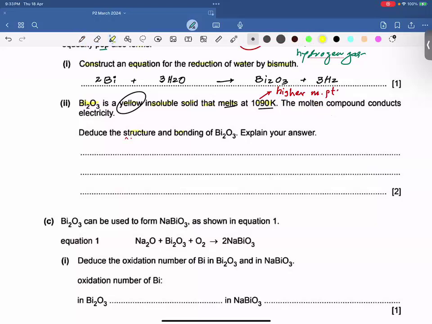But this gives three different sorts of information. The first one is it exhibits ionic bonding because ionic compounds have high melting points. Second thing, in molten state, it conducts electricity because of the presence of free mobile ions. And all ionic compounds can conduct electricity in molten state because of the presence of free mobile ions.